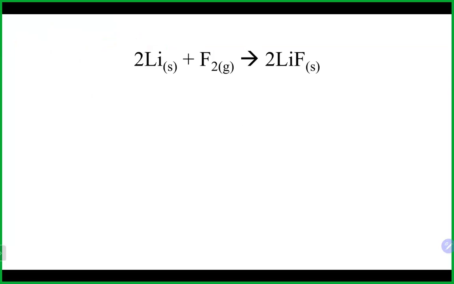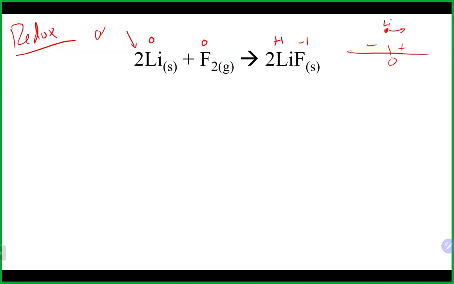So now we're going to talk about ways to classify redox reactions more specifically. Again, our redox reactions are electrons being transferred, and that is this case right here. Again, we have 0, +1, and -1 when they come together. So this is a redox reaction where if we go to our number line, we have lithium that starts at 0, ends at +1, becoming more positive, as we would expect here.